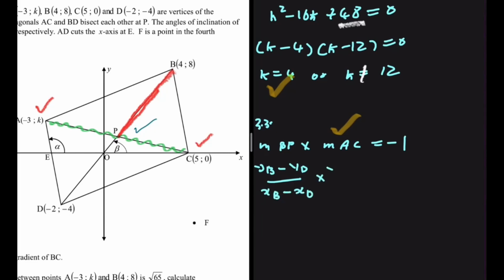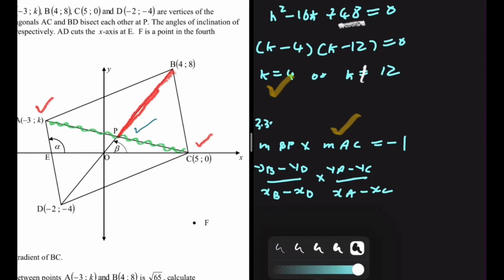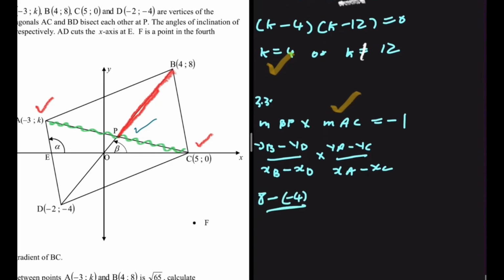So let's say y of A minus y of C divided by x of A minus x of C. Right. And then what is y of B? Y of B is 8 minus y of D, which is -4, divided by x of B, which is 4, minus x of D, which is -2.